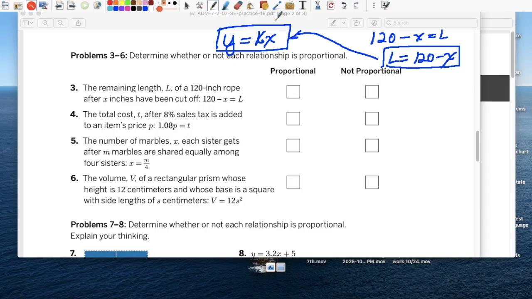Well, you can say that it's not the same, right? Because this is subtracting, and what's happening between k and x is a multiplication. So this is not proportional.